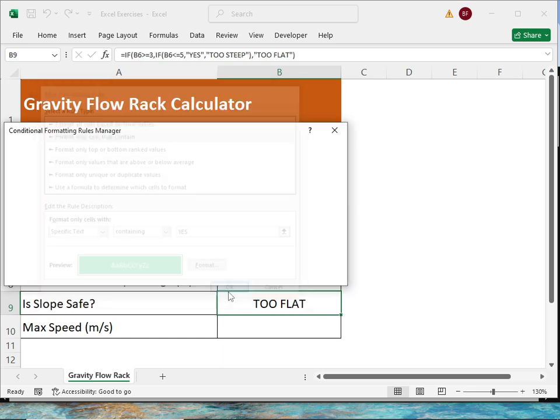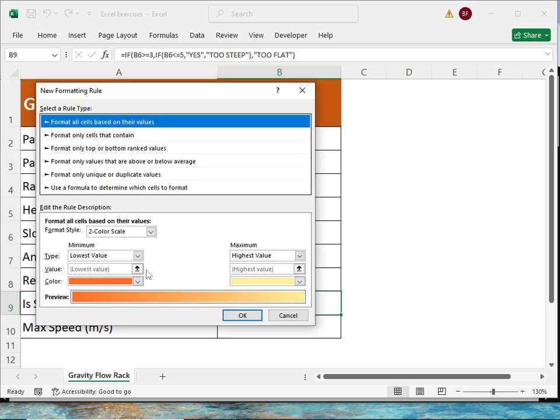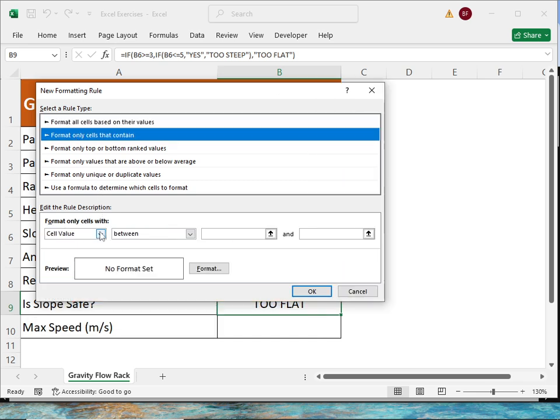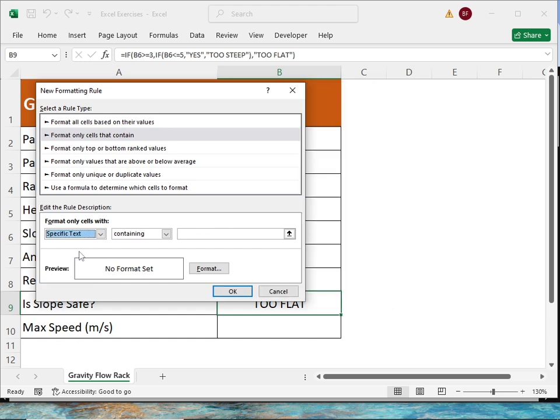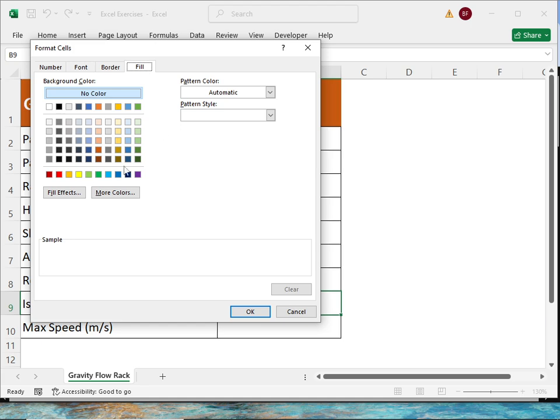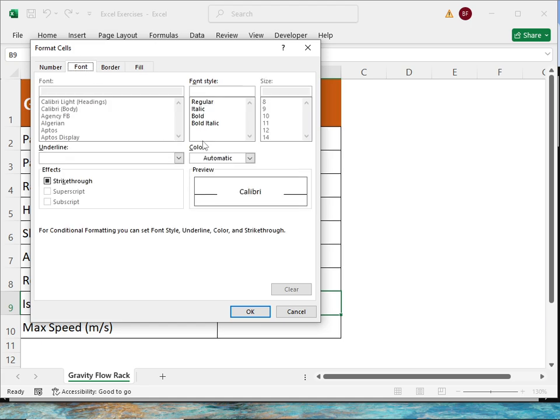Then I'm going to add another new rule. Format only cells that contain specific text, and the other one is TOO STEEP. For too steep, the format would be a red fill and the font would be white.